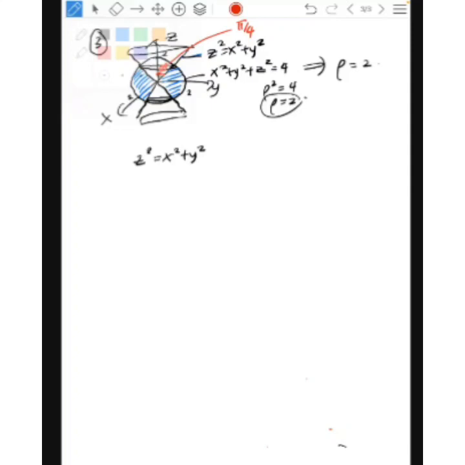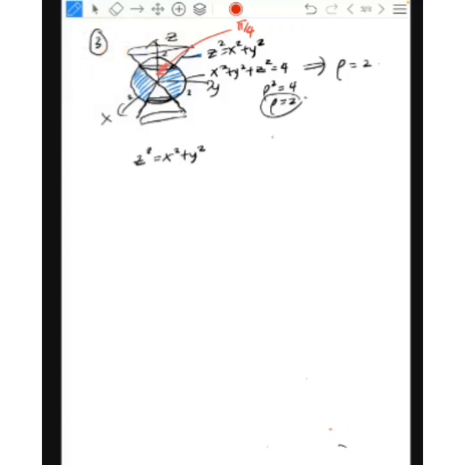Or you can use the conversion from z squared equals x squared plus y squared, this conversion from rectangular to spherical coordinates. Okay, what is the conversion? For the conversion you have to look into 4.6.3. So I will show you.